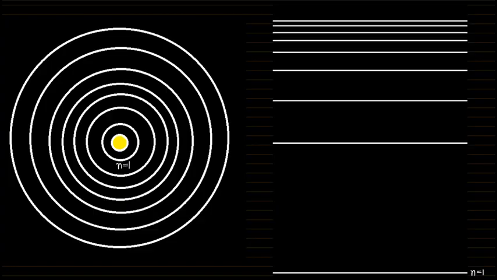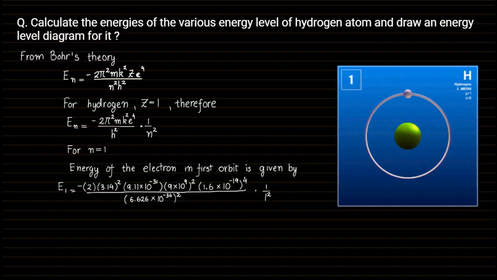Now let us discuss the n equals 1 orbit. So now let's substitute the values. 2 is 2, pi is 3.14, and there is a square here. Next, the mass of an electron is 9.11 times 10 to the power minus 31 kg.